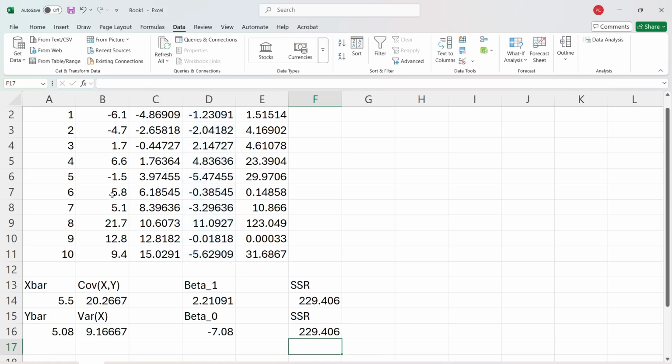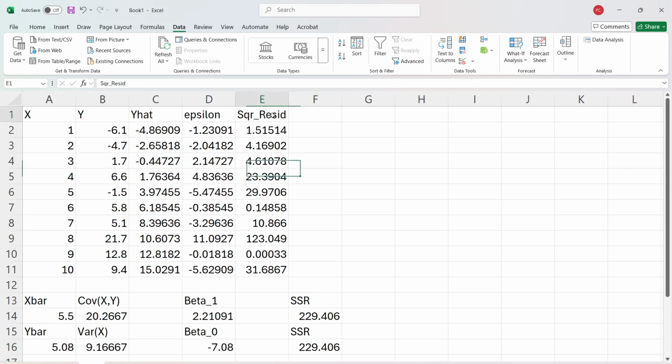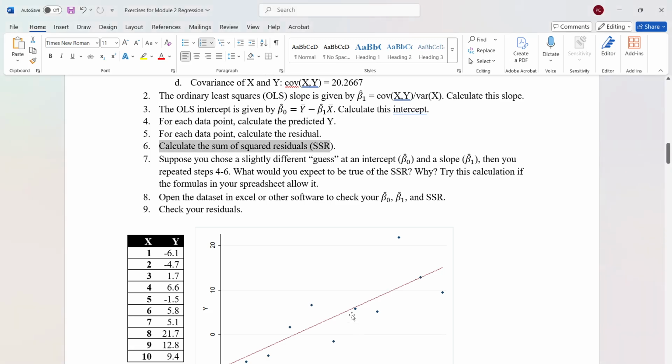And does it? Yes, it does. So that's something that happens so often, an Excel programmer somewhere decided that that needed to exist, and not bad. It'll save me the trouble of making one more column if all I want to do is calculate the sum of squared residuals or the variance of something, or you can imagine whatever else it might be.